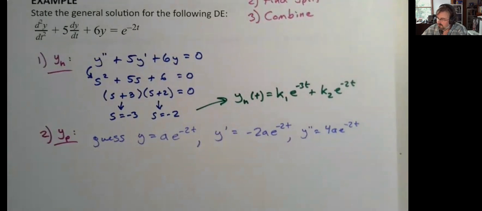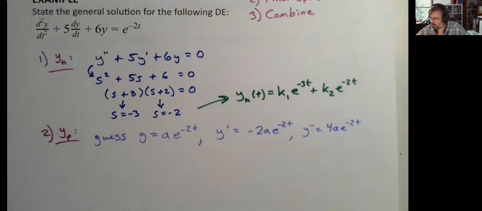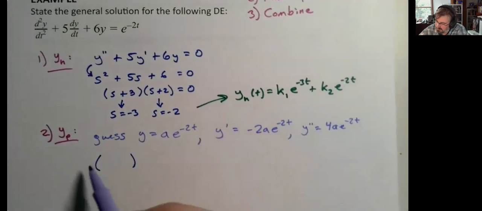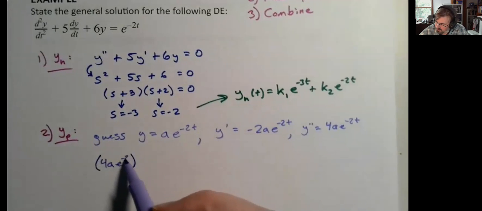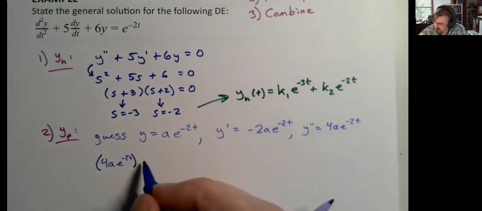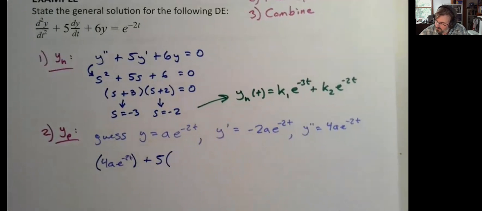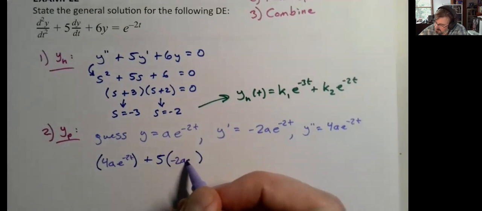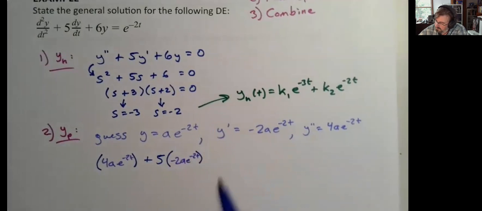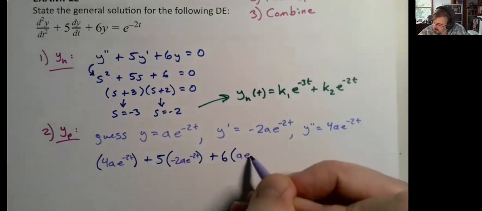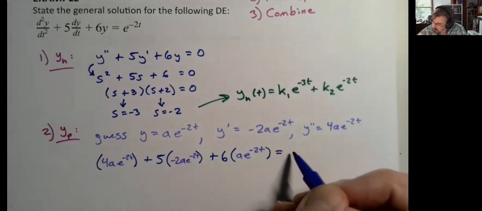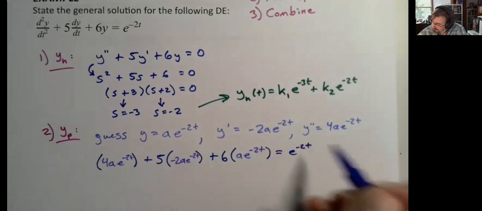When I sub that in, we're going to wind up with my second derivative, 4a e to the minus 2t, plus 5 times my first derivative, which is negative 2a e to the minus 2t, plus 6 times my original guess, which is a e to the minus 2t, equals e to the minus 2t.